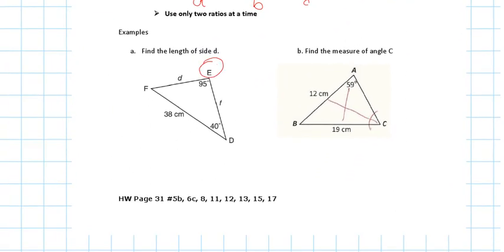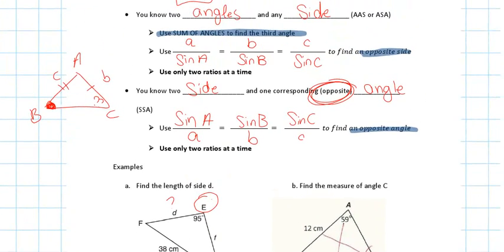So what would be my ratios? So what letters do I use? Because I'm going to use the first scenario, right? My side is going to be on the top, and the sine is going to be on the bottom, okay?